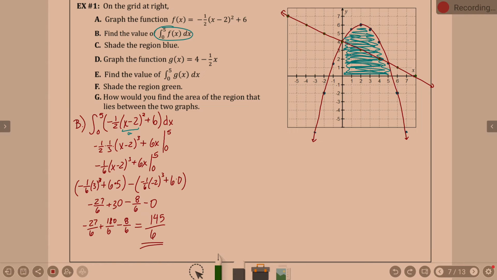Nope, that's F. E, we gotta do the integral first. This time it's the integral from 0 to 5 of g of x dx, so of 4 minus 1/2 x dx. Good news is the mathing is easier here, right?